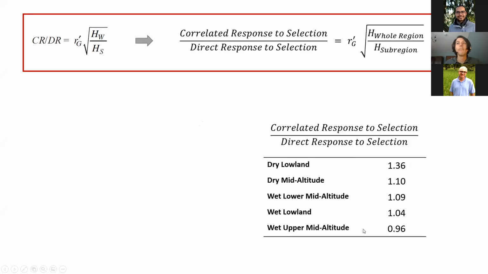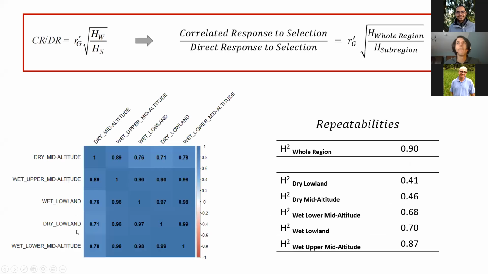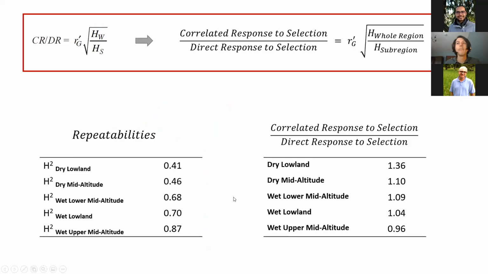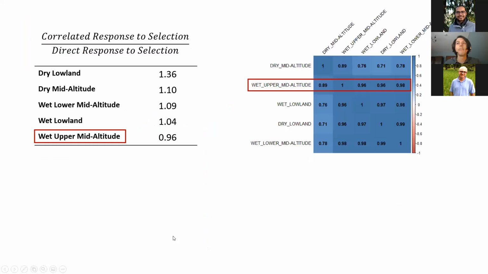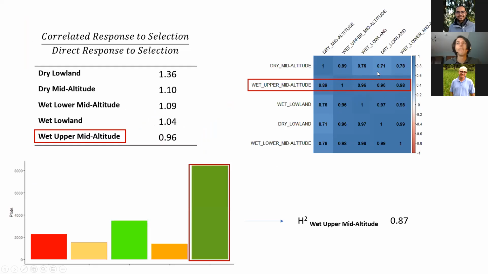And this at first sight might be surprising, because when we look at the wet upper mid altitude, we see that it has really high genetic correlations with the other environments. But as I mentioned before, the heritability is already pretty high. And the information we extract from the other environments seems to be not that useful, given that the genetic correlations are not perfect.